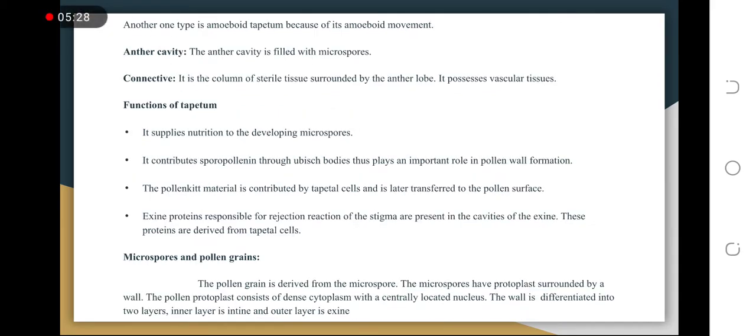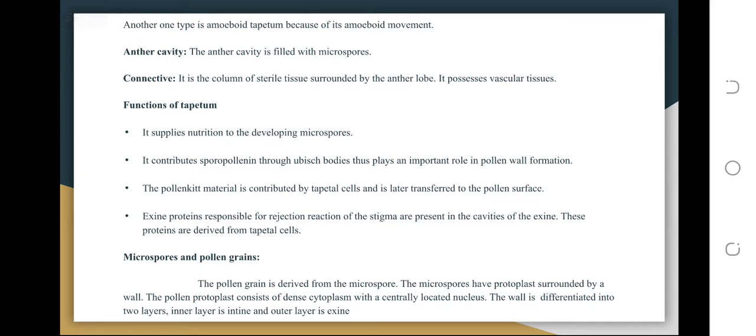Another type is amoeboidal tapetum. Because of its amoeboidal movement, it's known as amoeboid tapetum. Now anther cavity. The anther cavity is filled with microspores. Connective is a tissue. It is the column of sterile tissue surrounded by the anther lobe. It possesses vascular tissues.